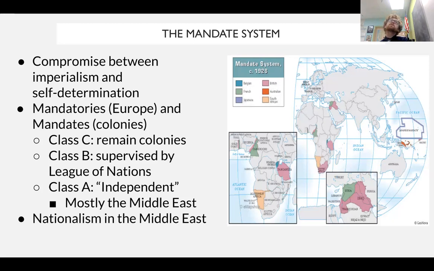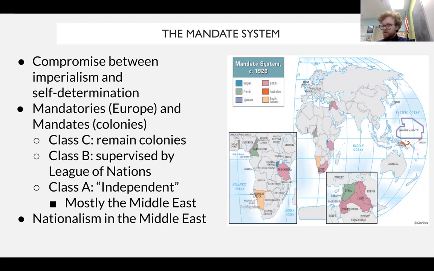And yet, Great Britain and France, as we'll see more in our next presentation, are largely struggling to rebuild their economies. We are going to see a drive for these countries to retain their colonies. They're especially going to be interested in acquiring German territory and Ottoman territory.